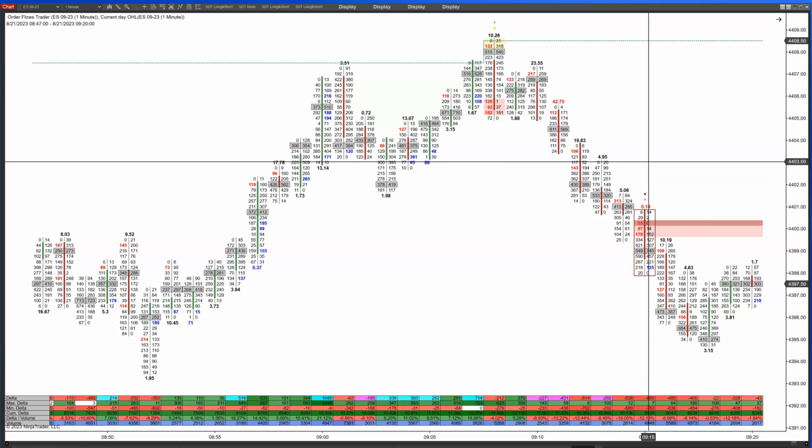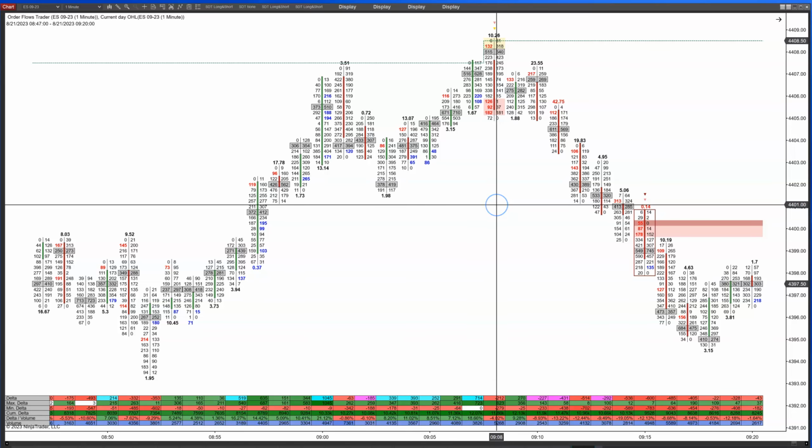The aggressive buyers are the ones that buy from the passive seller, and the aggressive seller is the one that sells to a passive buyer. So when you see negative delta, it's telling you that you had more aggressive selling in the bar than aggressive buying. If you see positive delta, then you had more aggressive buying than aggressive selling.